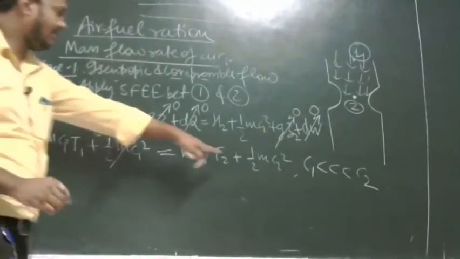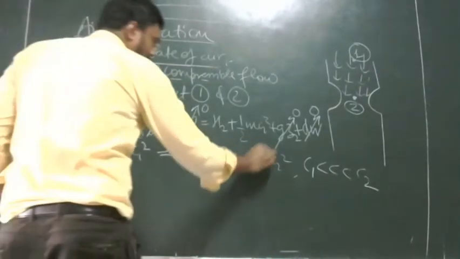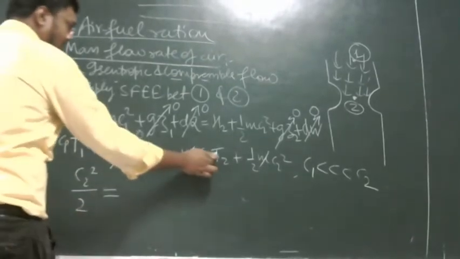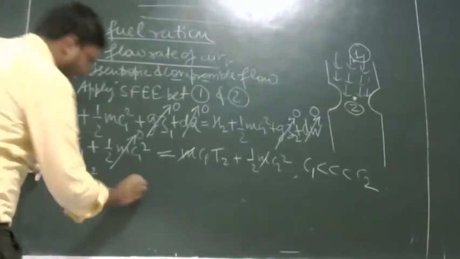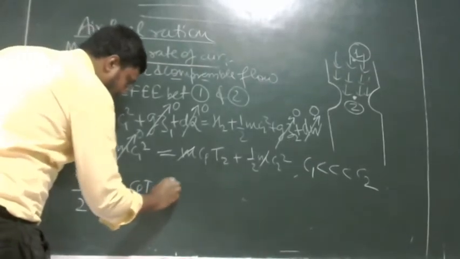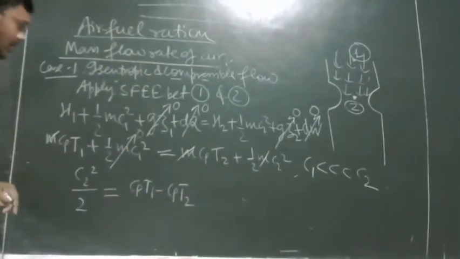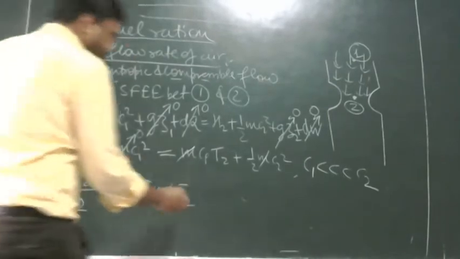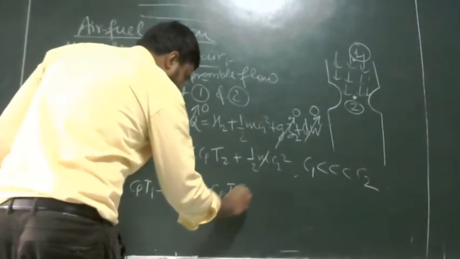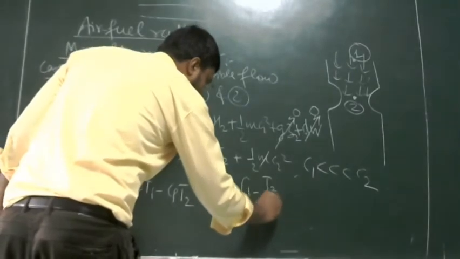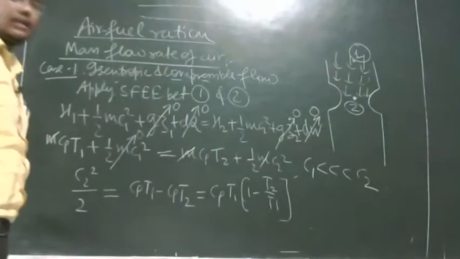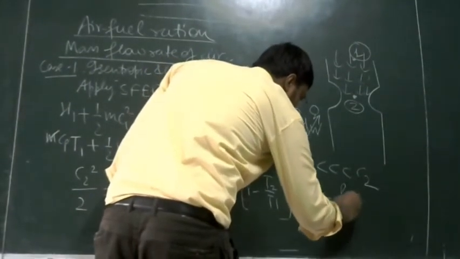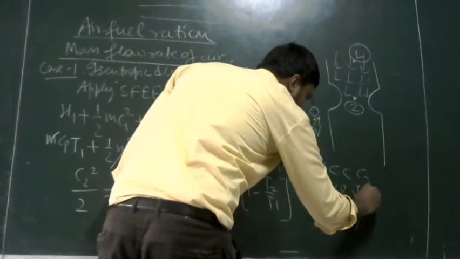Okay, now from here we can say that m cancels out, so we get C2 square by 2 equal to, keeping this term on this side, Cp T1 minus Cp T2. Okay. Or multiply by 2 here and take common CpT1. So we get CpT1 within bracket 1 minus T2 by T1. And we know that for adiabatic process, T2 by T1 is equal to P2 by P1 to the power gamma minus 1 by gamma.